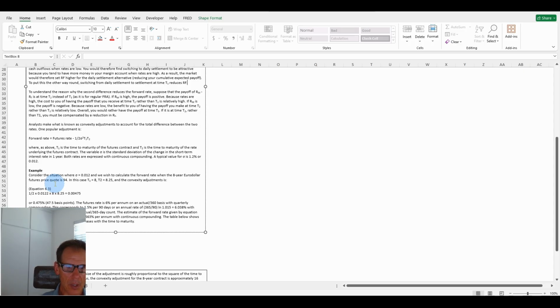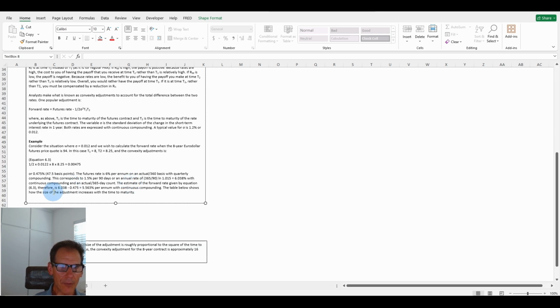This corresponds to 1.5% per 90 days, or an annual rate of 365/90 times ln(1.015) equals 6.038% with continuous compounding in an actual/365 day count. The estimate of the forward rate given by equation 6.3 therefore is 6.038 minus 0.475 equals 5.563% per annum with continuous compounding.